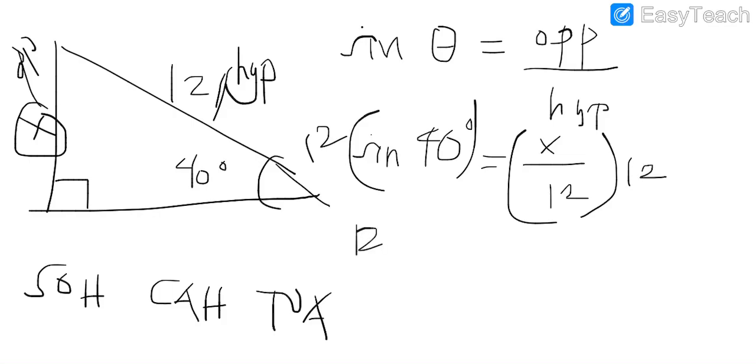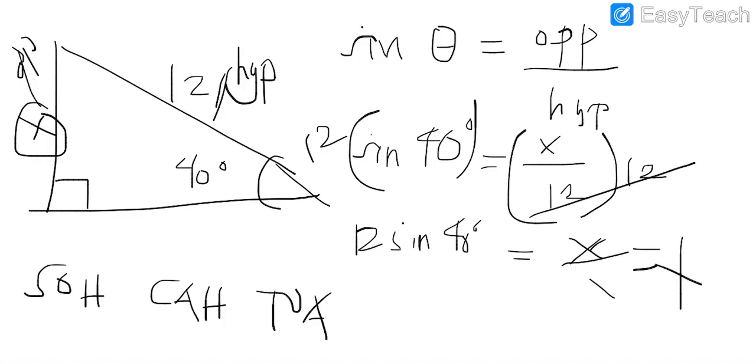So, we have 12 sine of 40 degrees equals x over 1, that is just equal to x. Okay, so this is x.